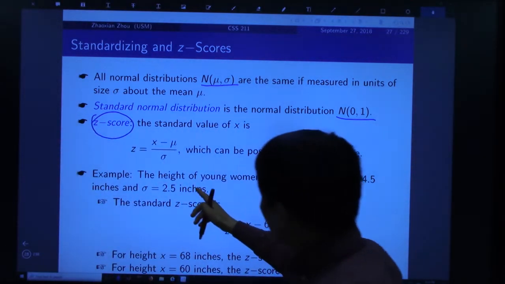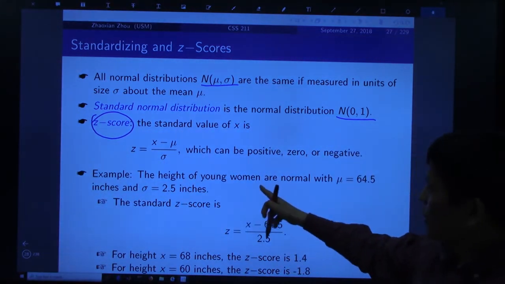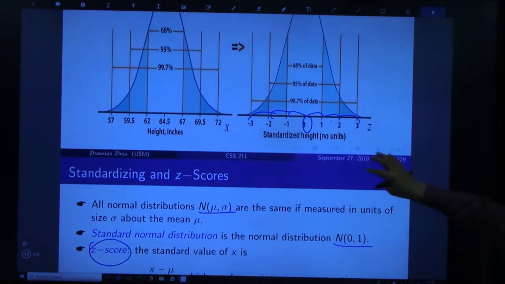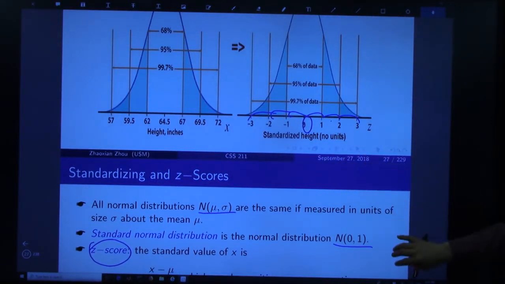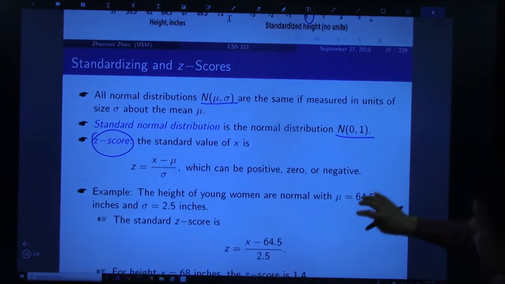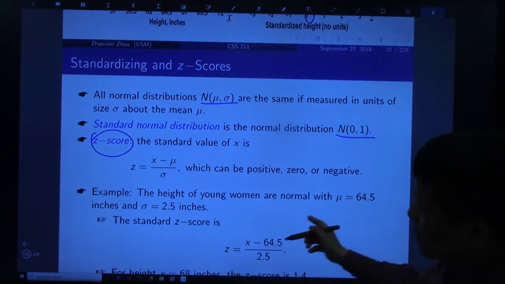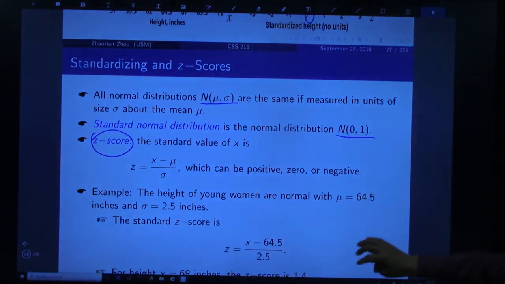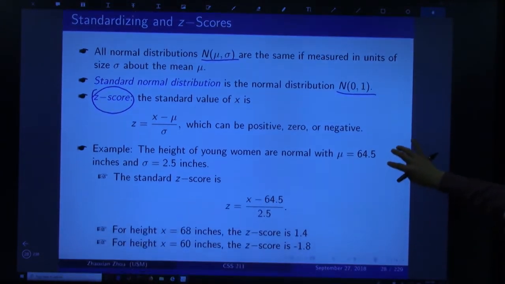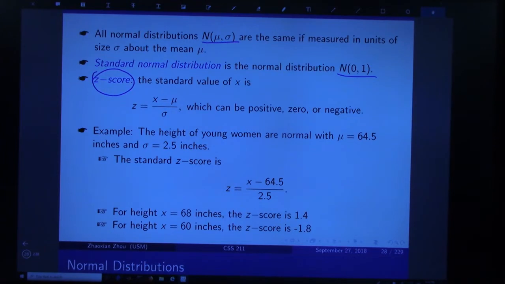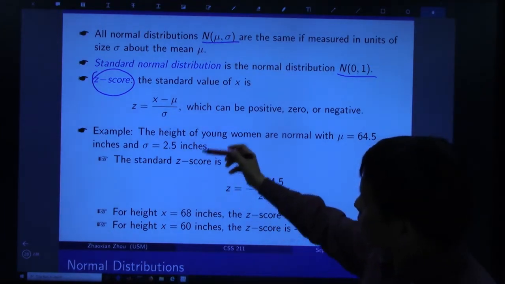For example, the height of a US young woman is normal with mu equals 64.5 inches and the standard deviation equals 2.5 inches. And the formula for the z-score is like this.